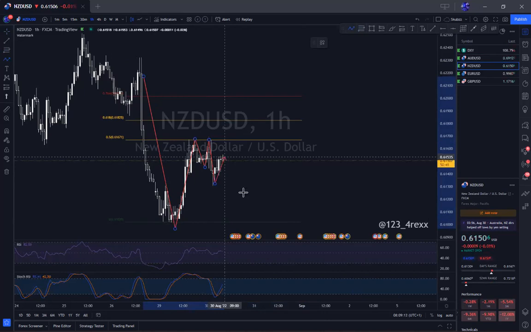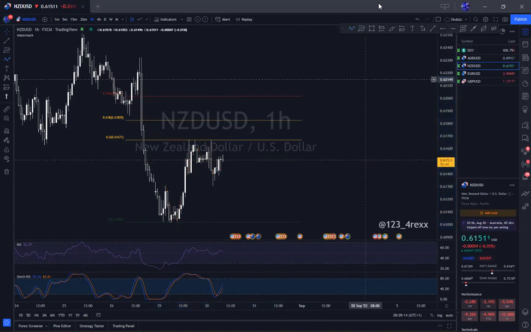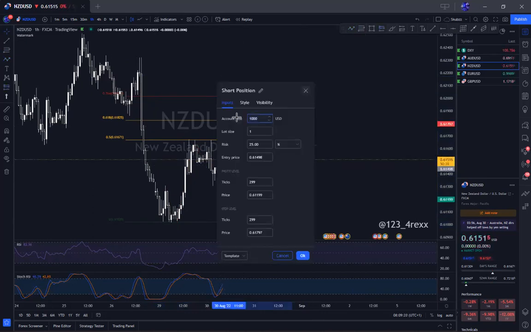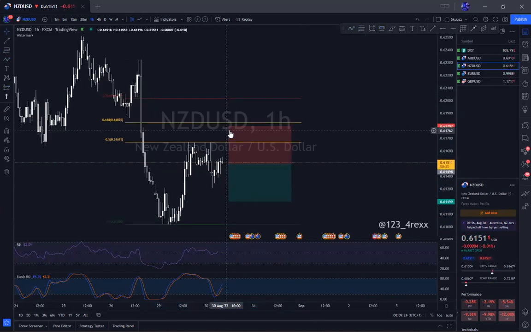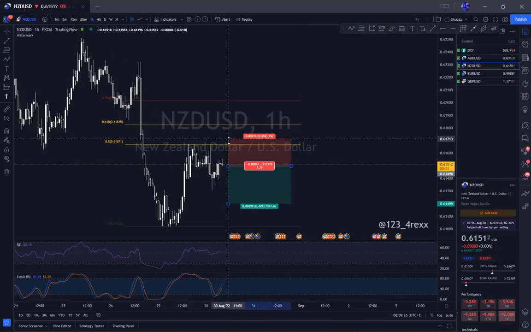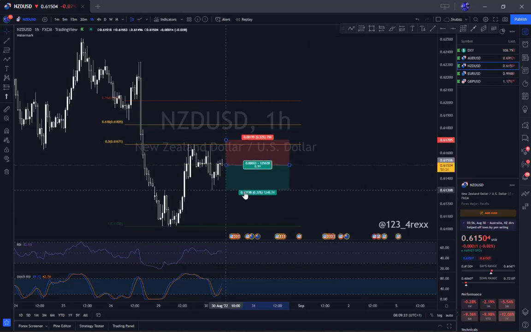If we see a nice rejection candlestick, we can enter the sell here with the stop loss above these levels, if you see your entry criteria.